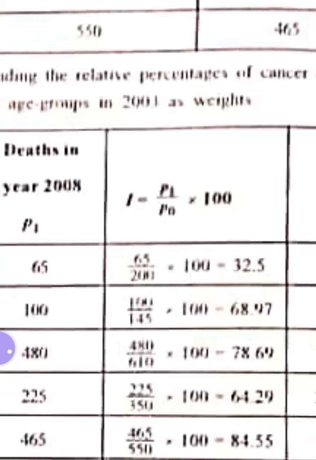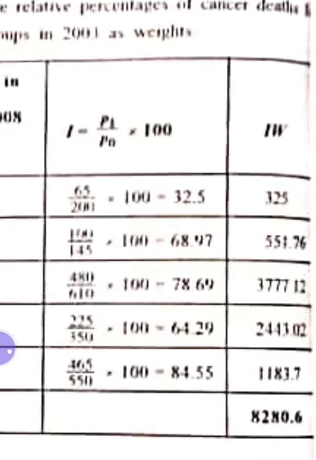Similarly, 480 divided by 610 into 100 will give 78.69. Then 225 divided by 350 into 100 will give us 64.29, and similarly for more than 60, 465 divided by 550 into 100 will give us 84.55. These are the values of I.